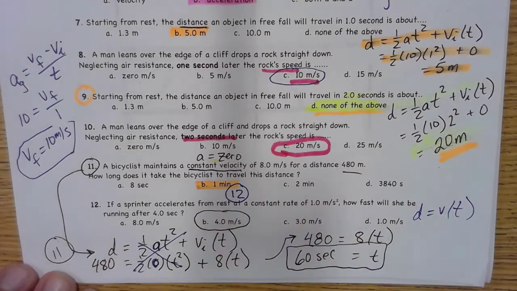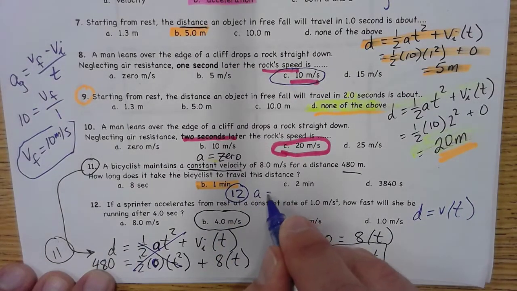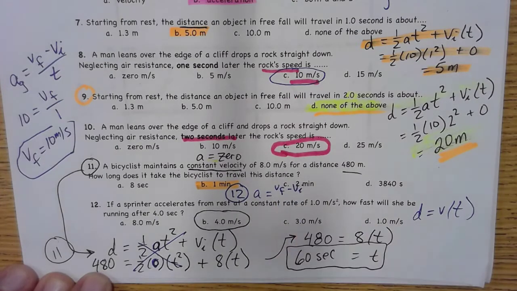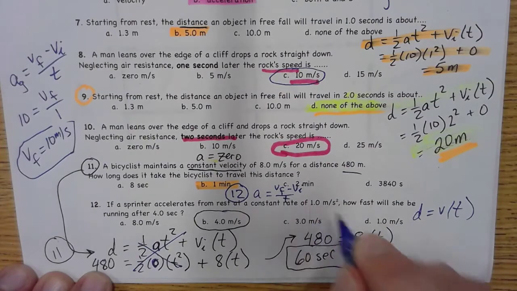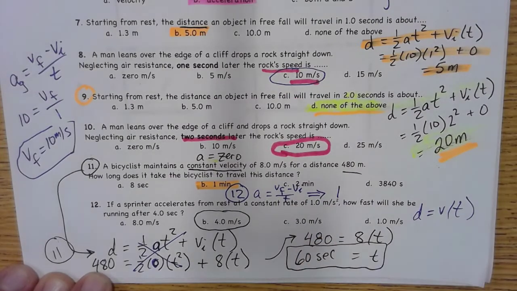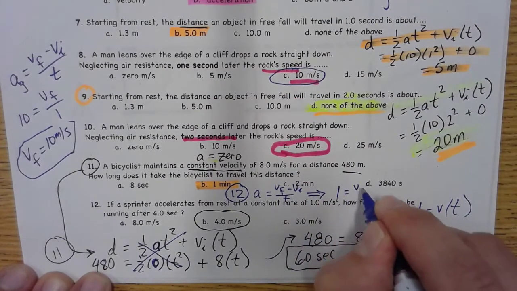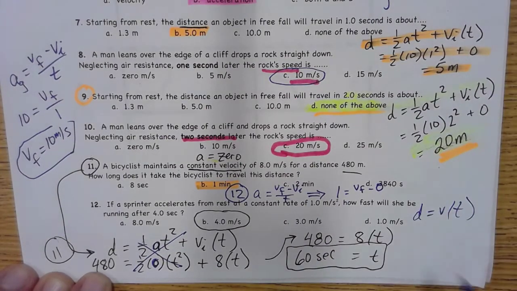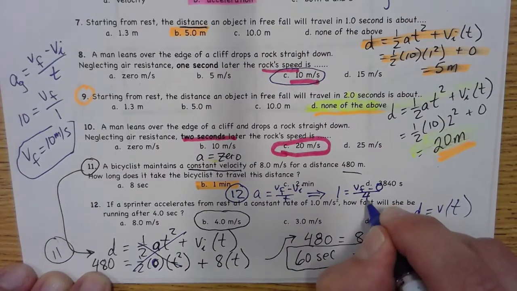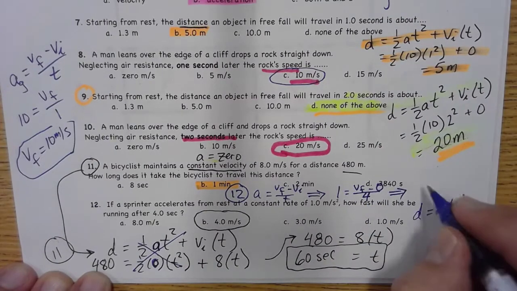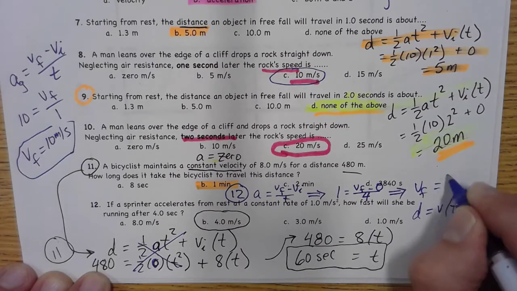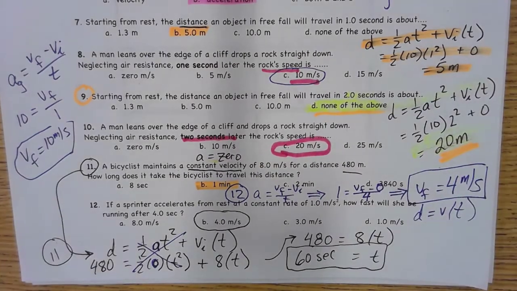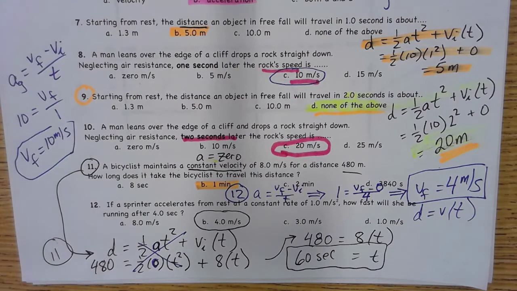I can say acceleration is final minus initial divided by t. The acceleration was 1. I want to know my final. My initial is a 0, and my time was 4. So a lot of times maybe that's easy to look at, maybe not. But that's how I would solve for that final speed, that final velocity.